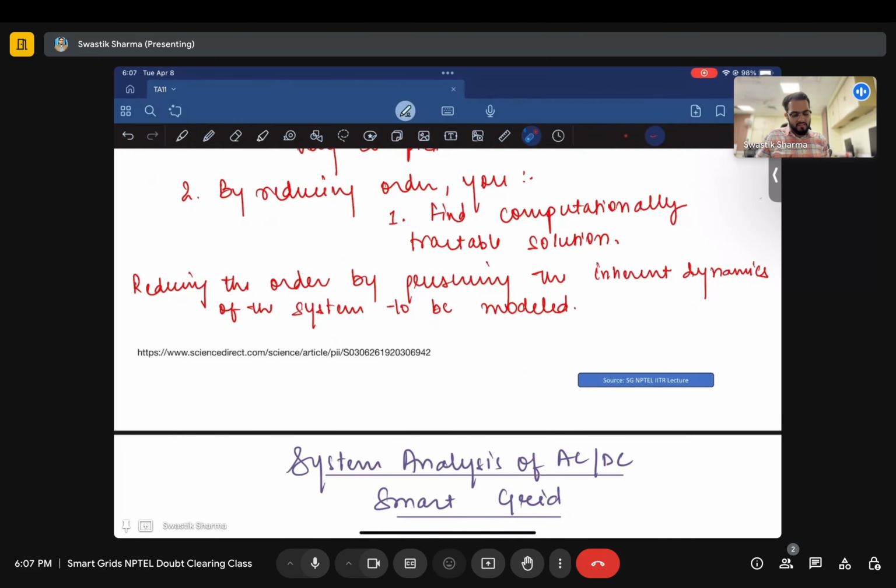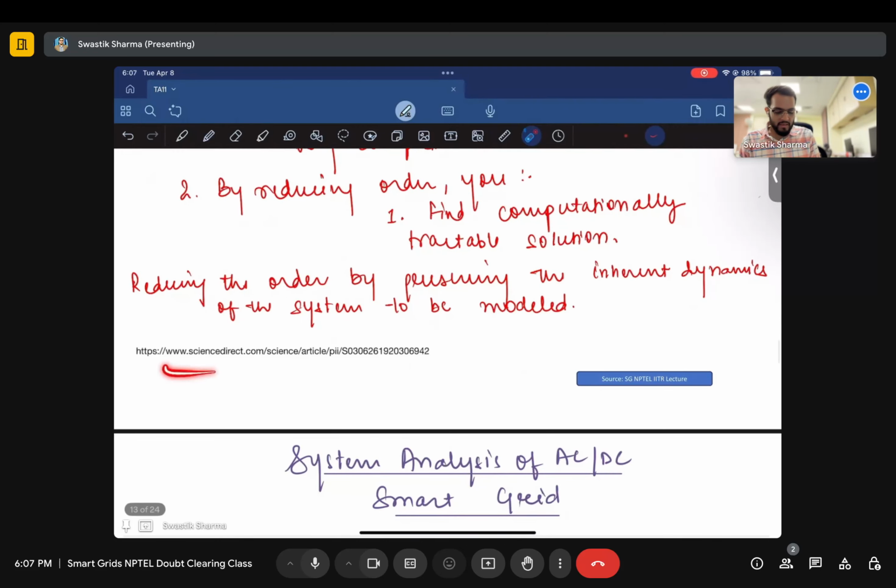But there is a very interesting paper written by my supervisor, where for an ERCOT managed system, right? So ERCOT is the independent system operator, like for example, NLDC or POSOCO or Grid India is our system operator. ERCOT is the system operator of Texas.